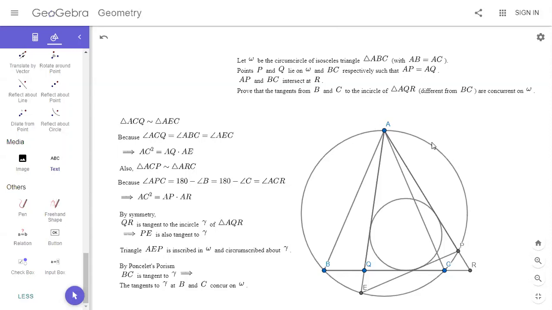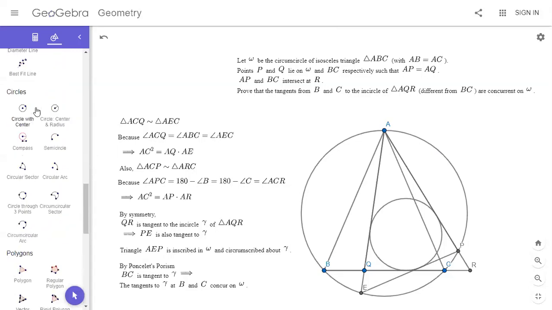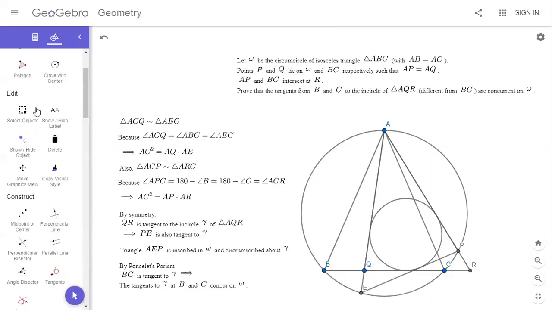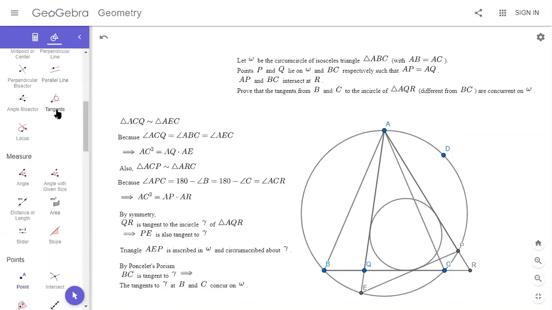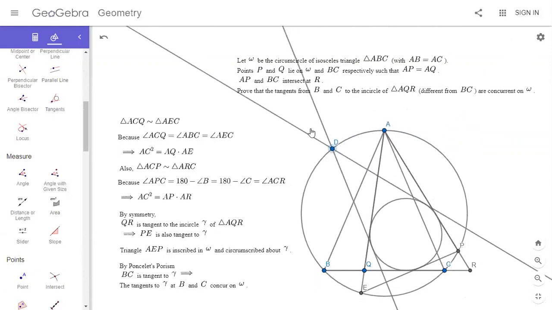For any point on the outer circle, it actually applies to conics, I think, not just circles. But let's say I pick any random point D on the outer circle, and I draw the two tangents to the smaller circle.